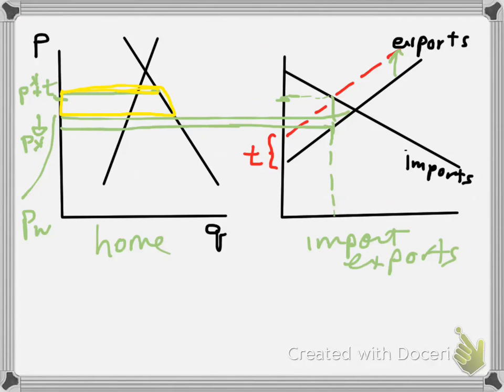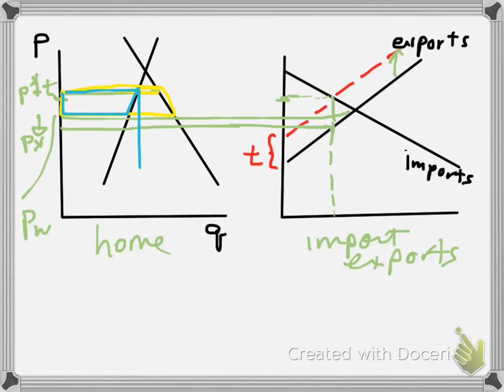There's a gain in producer surplus, and let's change our colors again. So there's a change in producer surplus, right? That's given by the area below the price line, above the supply curve. So that's the change in producer surplus.